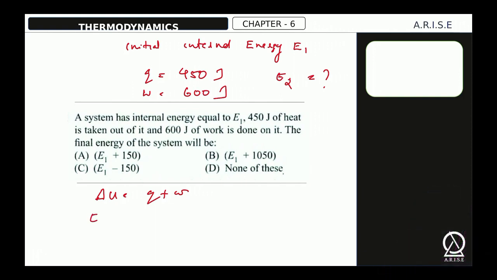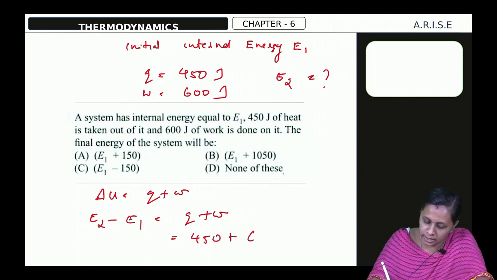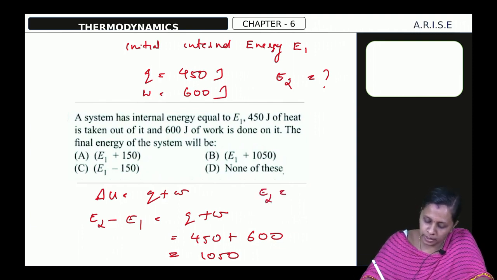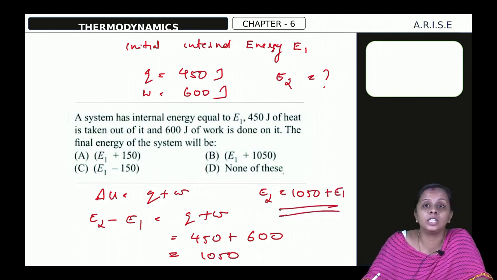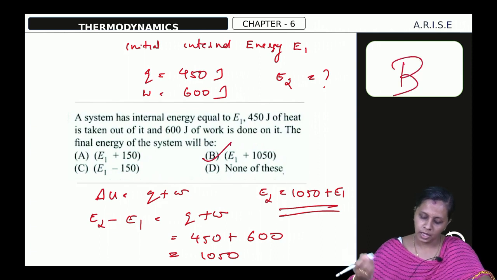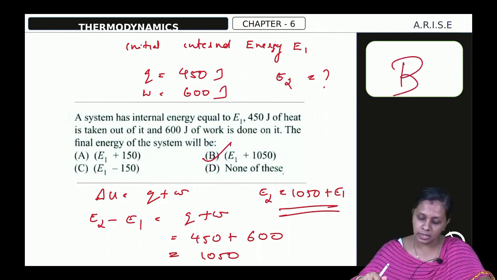So delta U can be represented as E2 minus E1 is equal to Q plus W. What is Q? 450. What is work? That is 600. So in total of 1050. So they are asked what it is, E2. So what will be E2? E2 will be is equal to 1050 plus E1. So which is the answer? It is option B. Now moving on to the next question.